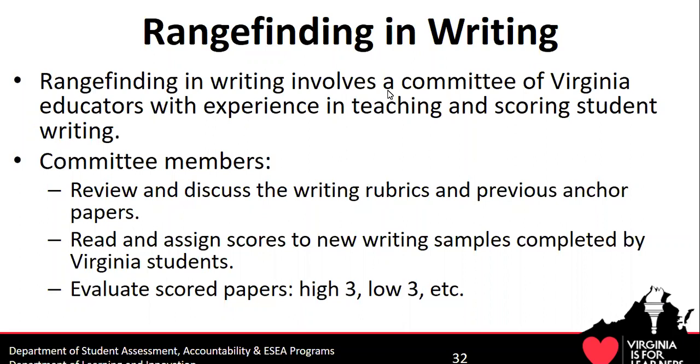First they look at the writing rubrics and our previous anchor sets. Then they read and assign scores to the new writing samples completed by Virginia students. After they assign those scores, they'll go back to the stack of 4 papers and evaluate: is this a high 4 or a low 4? Is this a high 3 or a low 3, etc.? That's how the process works for Rangefinding.